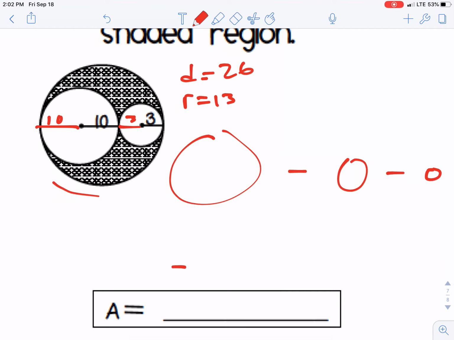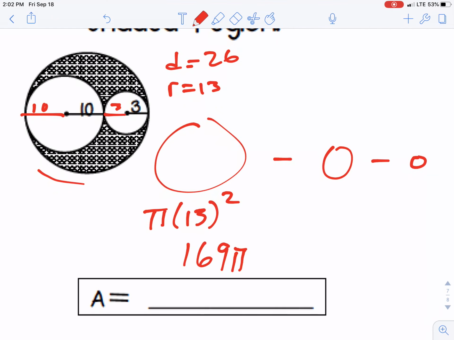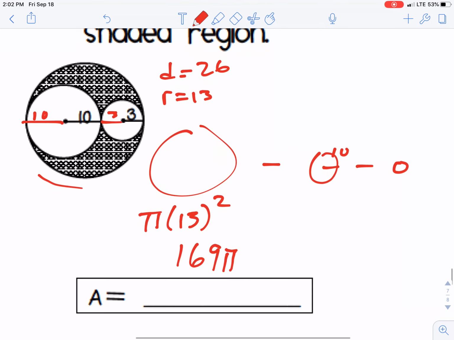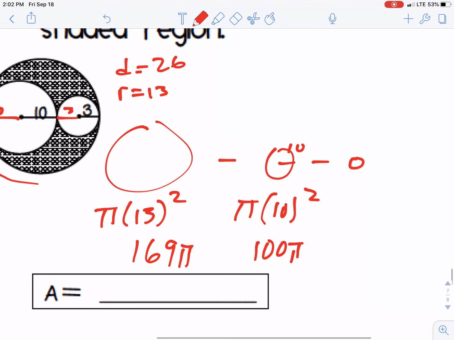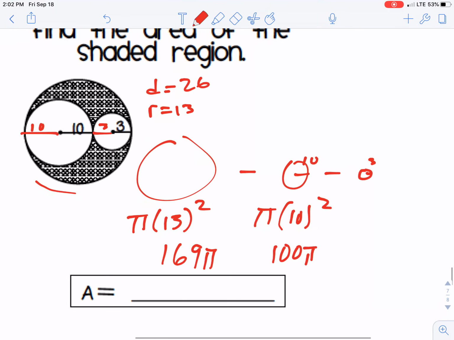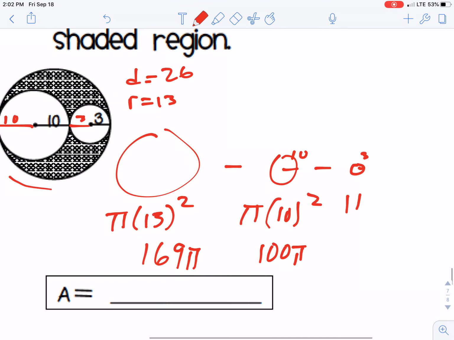So we have pi times 13 squared, which is 169 pi. The area of the medium circle, well, this has a diameter of 10, so that's going to be pi times 10 squared, or 100 pi. And then the area of this little tiny guy here, that formula is pi times 3 squared, which is 9 times pi.